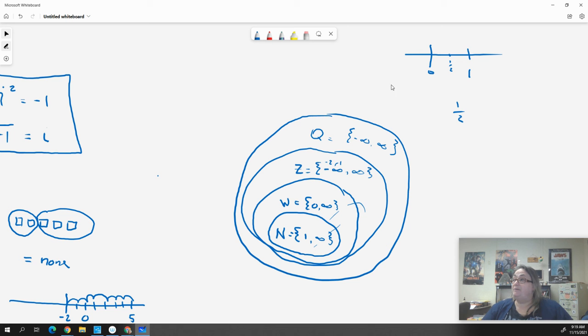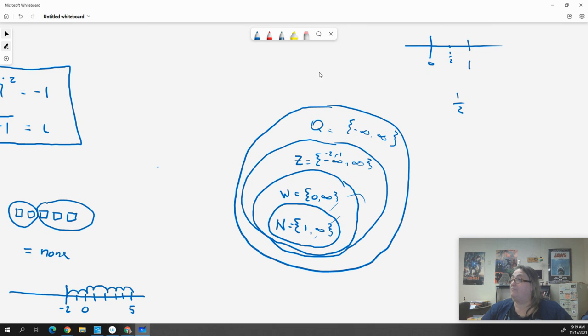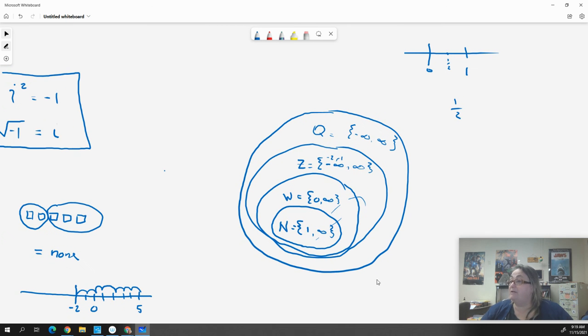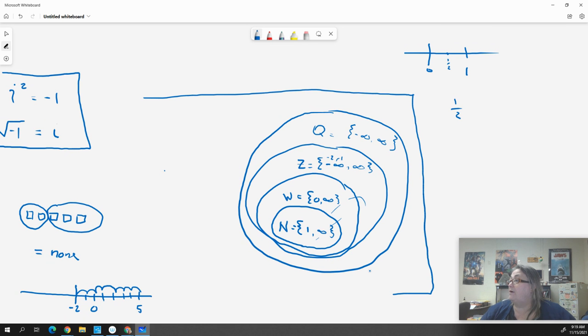Now, all this stuff we've talked about falls under the category of real numbers. And we thought for the longest time that everything revolved around the real number system, right? This is our real numbers.